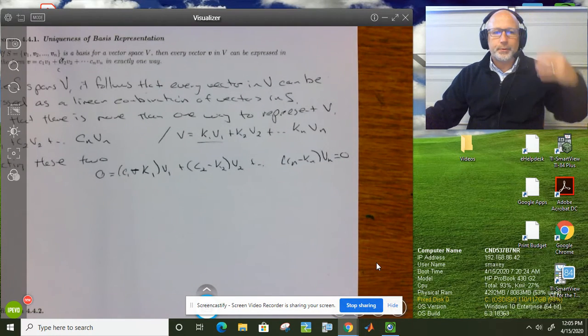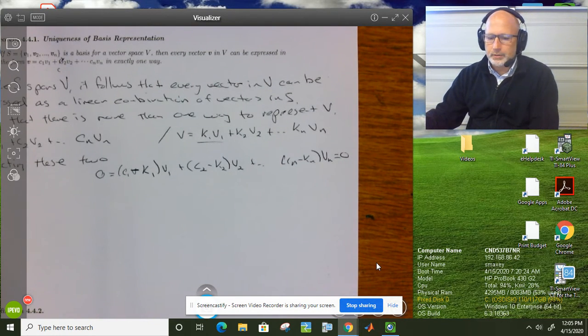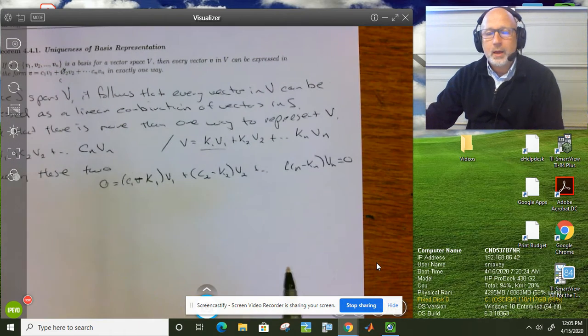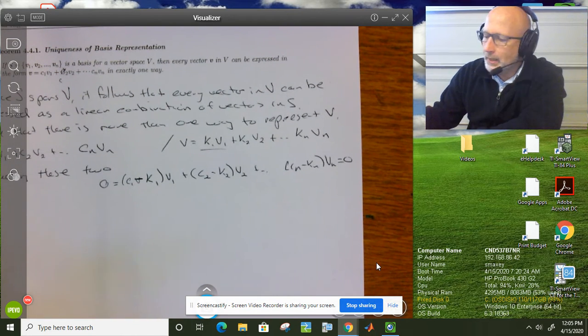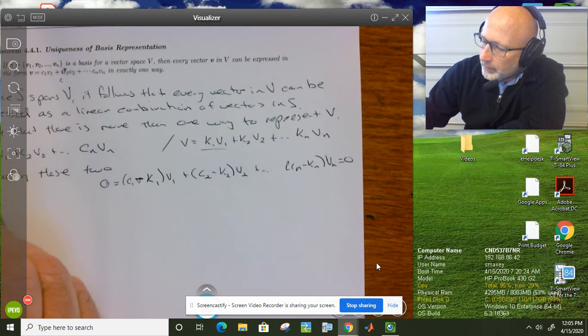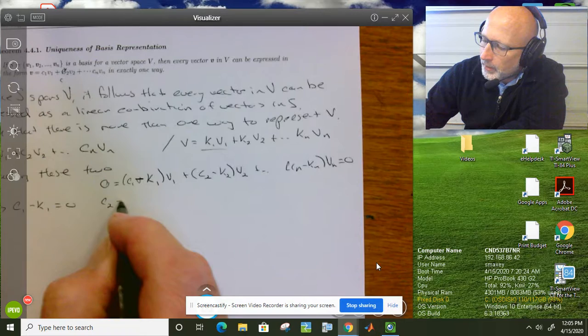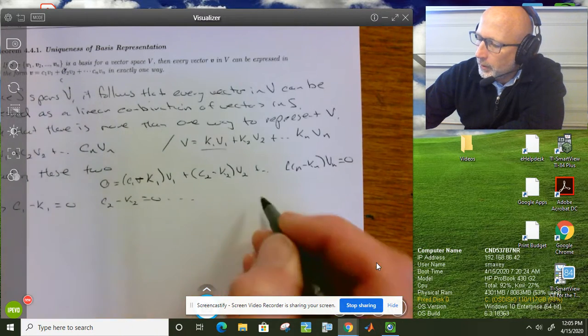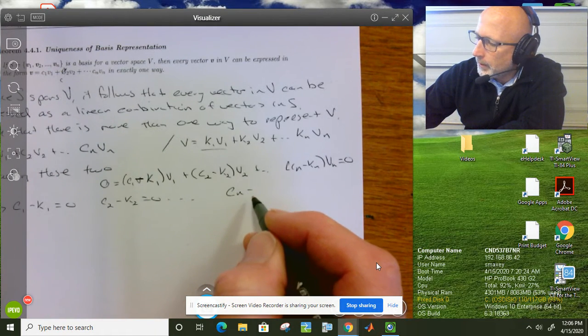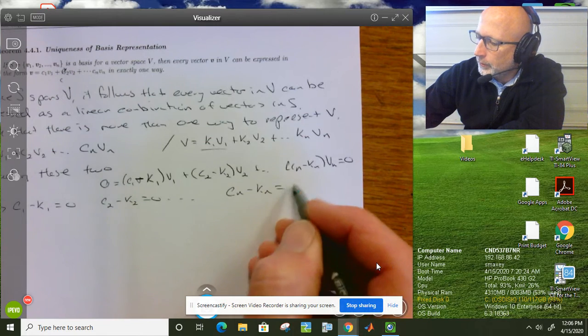Now, what do we know about the right-hand side here? It is just a linear combination of the vectors in S. So therefore, it is linearly independent, which means that each one of the coefficients should be equal to 0. So c1 minus k1 equals 0, c2 minus k2 equals 0, and so on, all the way to cn minus kn equals 0.